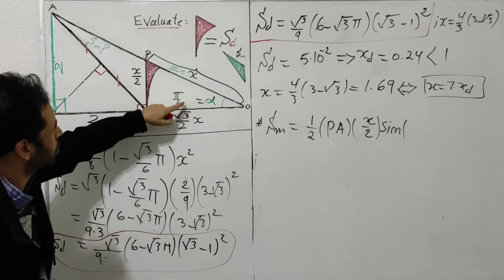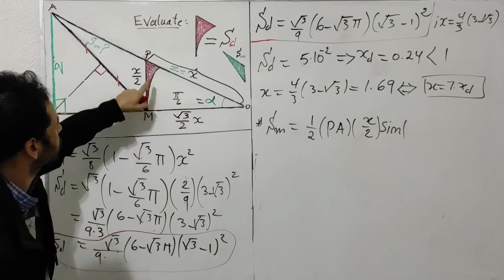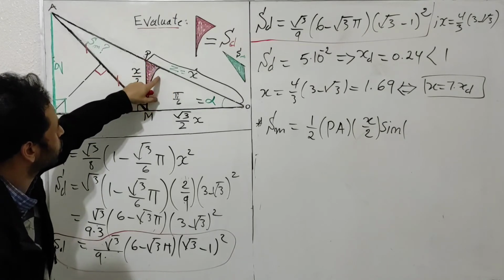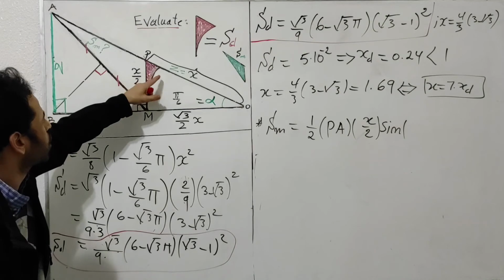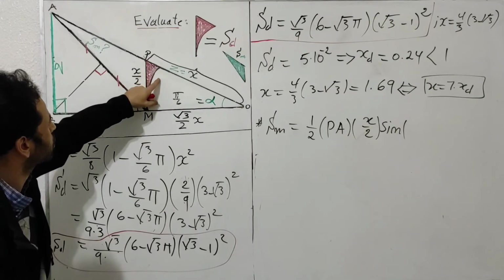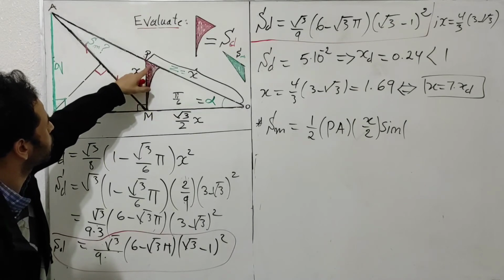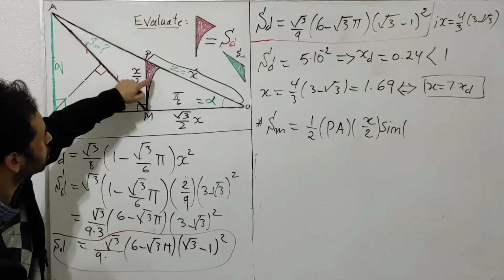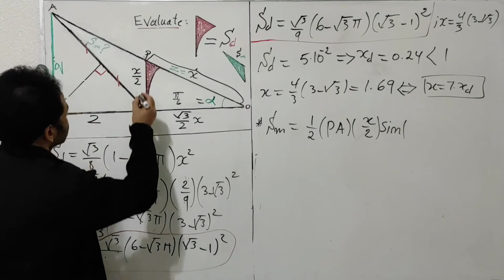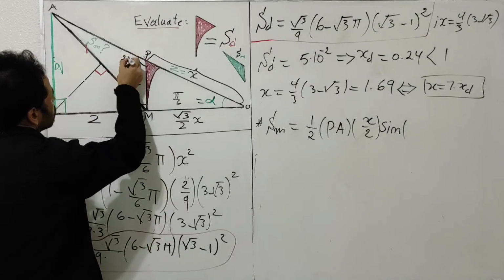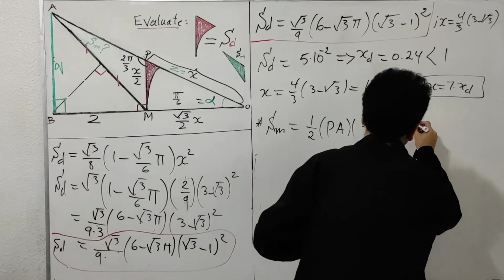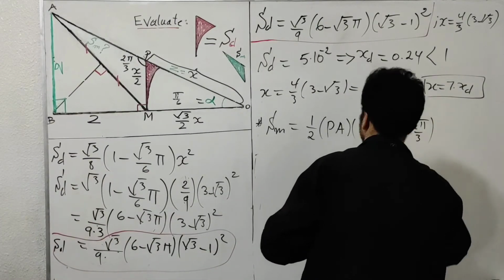As we know, this angle is pi over 6, this is pi over 2, so this angle is pi over 3, because the total angles of the triangle equal pi or 180 degrees. So this angle here is pi minus pi over 3, which is 2 pi over 3. So we need the sine of 2 pi over 3.